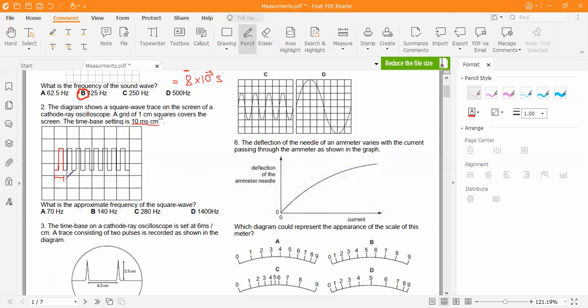So I can basically judge just by looking at it that this is almost 7 milliseconds or 8 milliseconds. If this block is 10 milliseconds, then I can see from this diagram that this wave is almost 7 or 8 milliseconds.